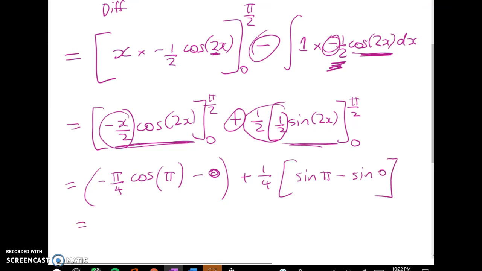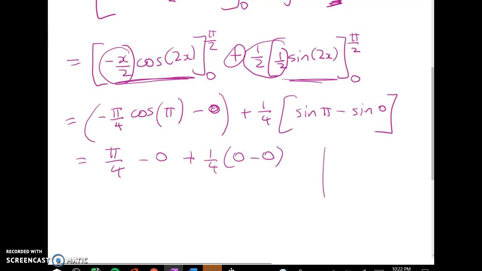So cos of pi is -1. So this bit here is just pi on 4. So it's pi on 4 minus 0, plus 1/4 of 0 minus 0, if you think about your sine graph. See, all that work we did on trig has paid off really well because that question hopefully didn't feel too bad. So my final answer is just pi on 4.